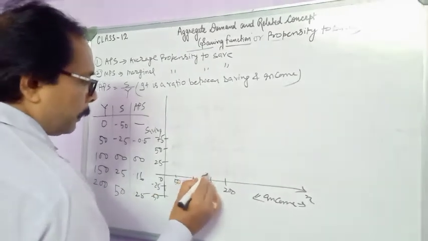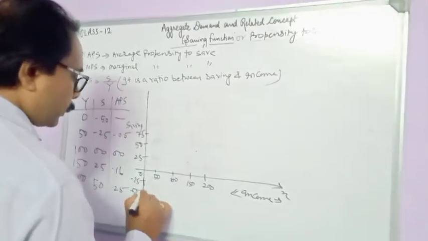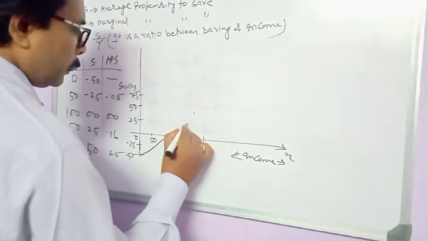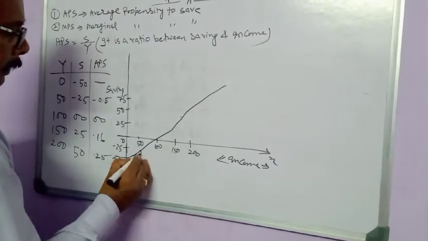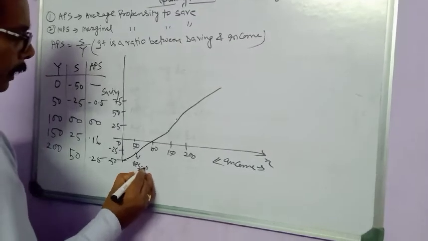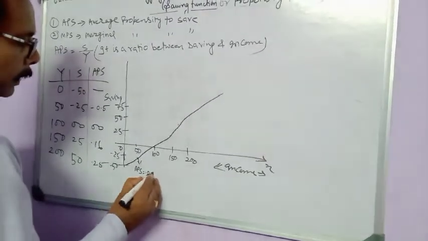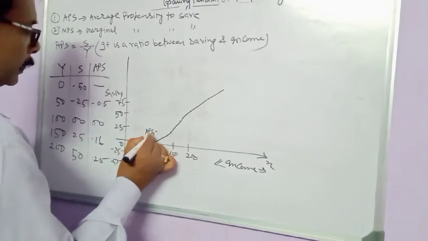This is the point from where the saving line passes through. Is it clear? So at this point, APS is equal to minus 0.5. At this point, APS is equal to 0.